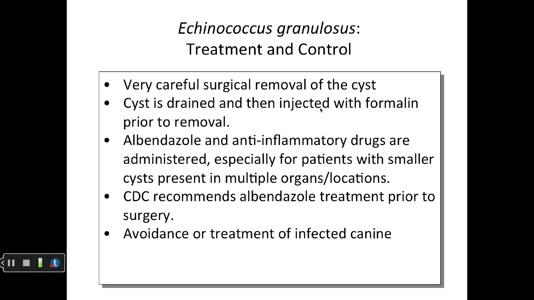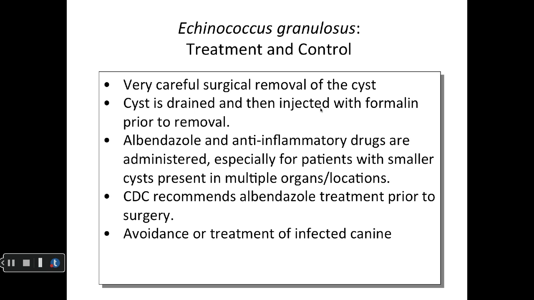You also administer albendazole and anti-inflammatory drugs like corticosteroids because you're trying to suppress that type 1 hypersensitivity reaction, because the patient can easily die of anaphylactic shock during the surgery if they are exposed to large amounts of that parasite antigen.